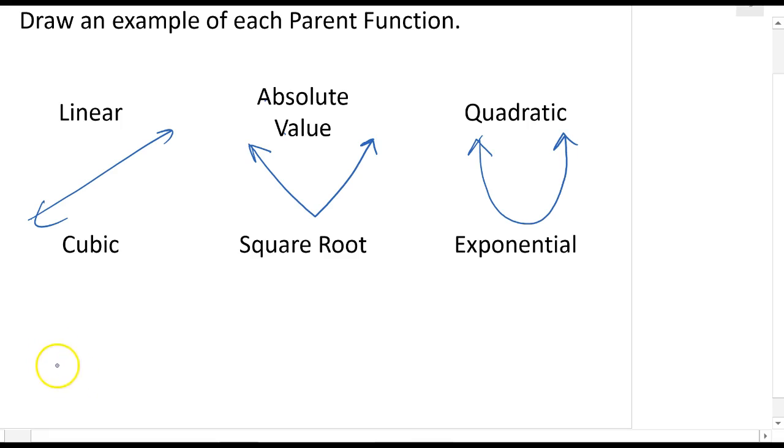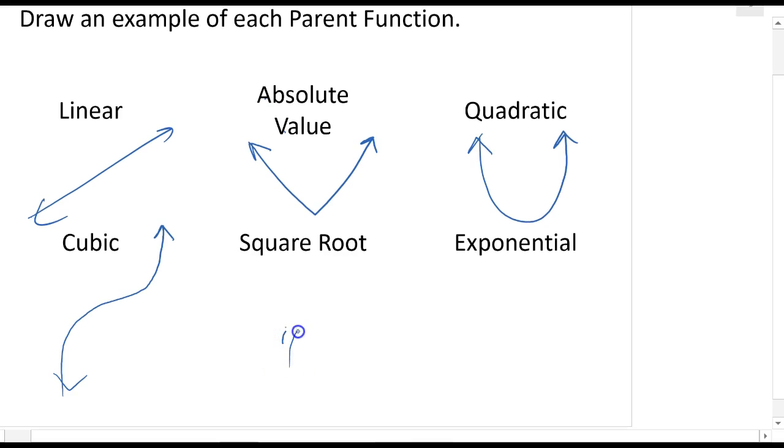A c is a cubic, which goes up, kind of levels out, and then goes back up again. A square root function starts in the middle somewhere and starts to go up, but then starts to level out to the right. And then exponential starts out slow, but then explodes, going to the right.